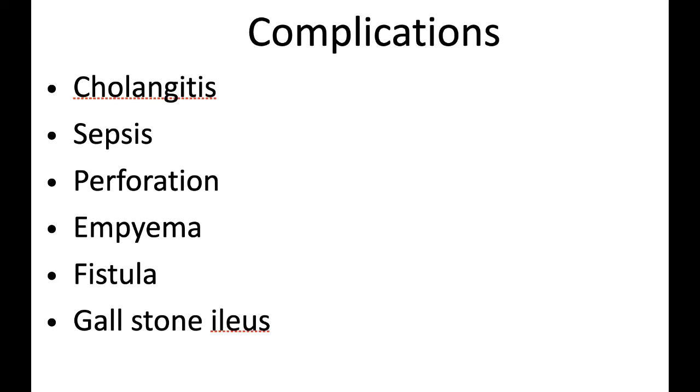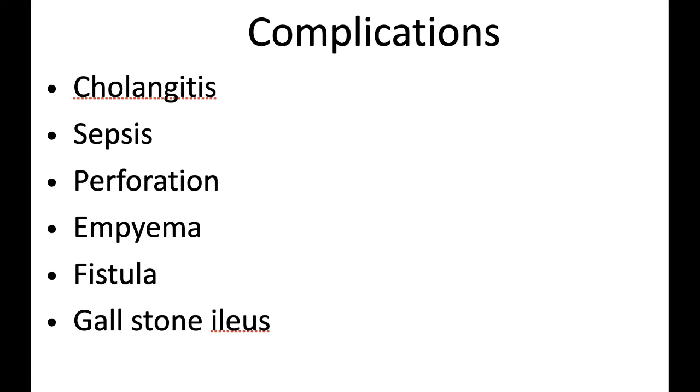The complications of this chronic cholecystitis include inflammation of the biliary tract, which we call cholangitis, sometimes sepsis, and sometimes perforation, empyema and fistula formation. The fistula most of the time is between the biliary tract and the small intestine, so biliary enteric fistulas may occur.